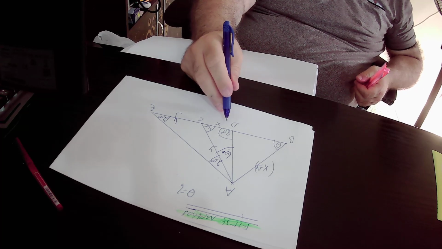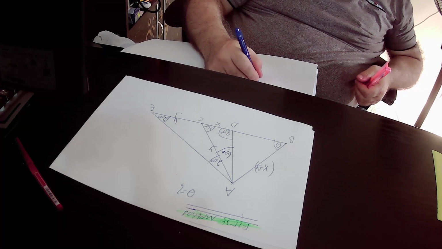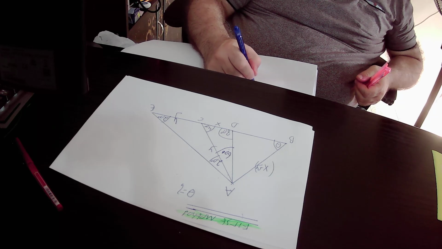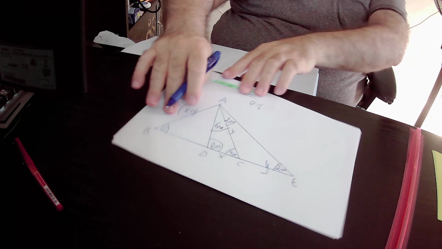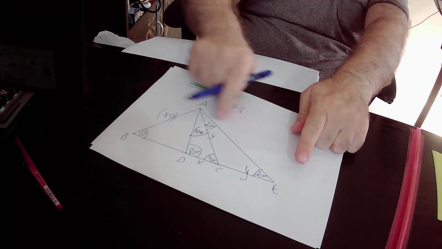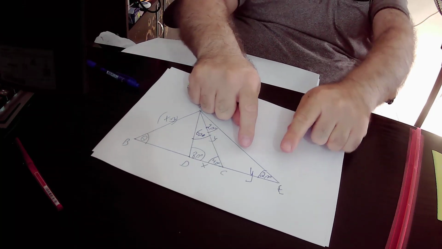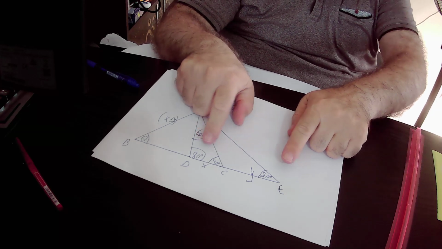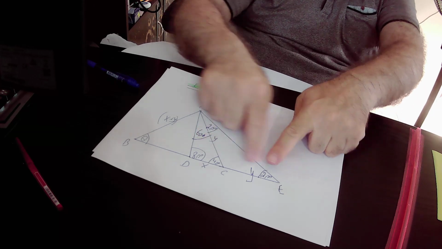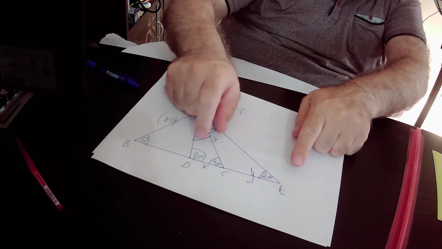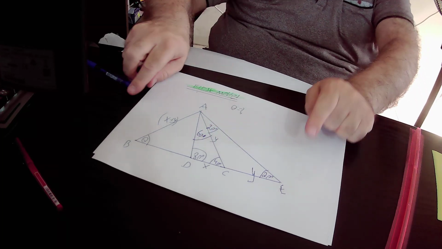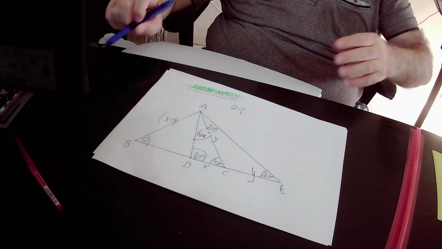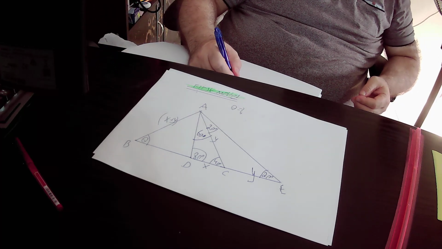This angle equals 80 degrees according to what is given in the question. What is the size of side DE? From the drawing it is easy to see that DE equals DC plus CE, that is to say DE equals DC, that is X, plus CE, that is Y. So we found out that DE equals X plus Y.